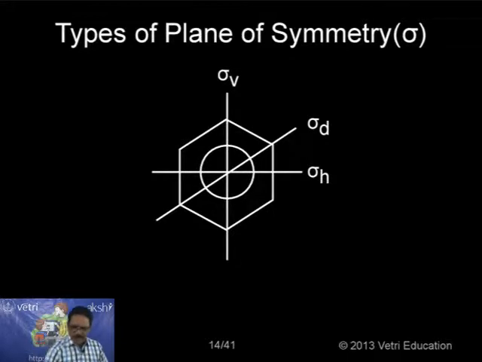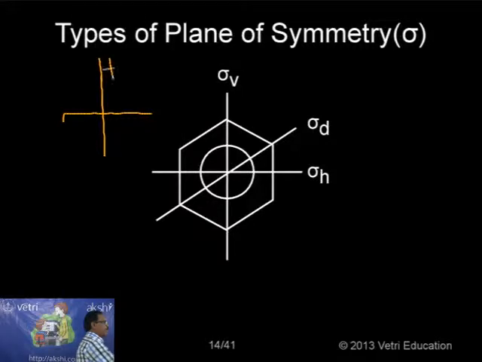Before that, let me take a specific example. Kindly listen to me. For the plane of symmetry, we have already written methane. This is methane, normally represented by the Fisher projection.